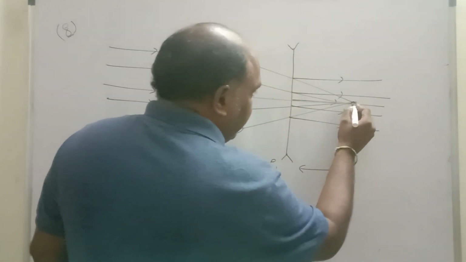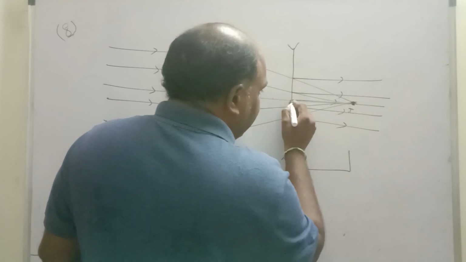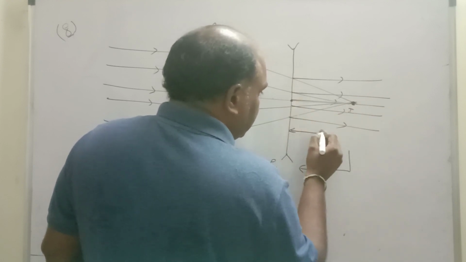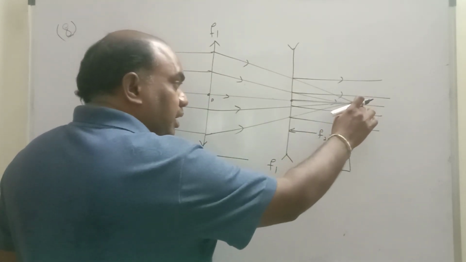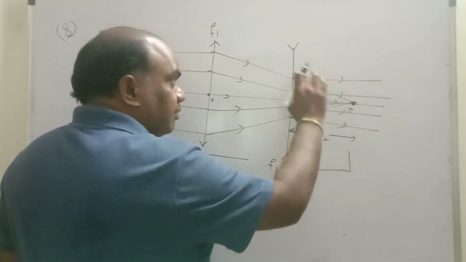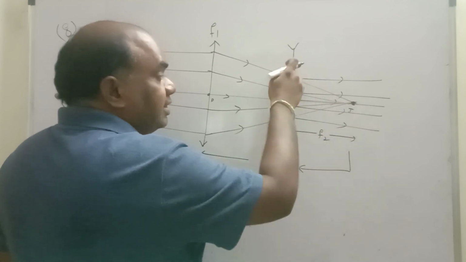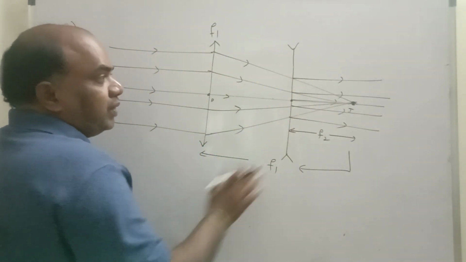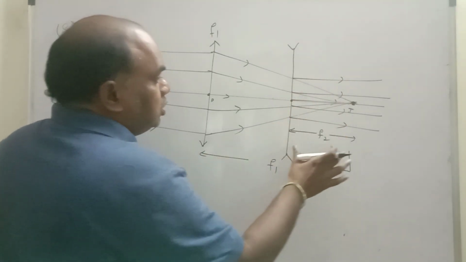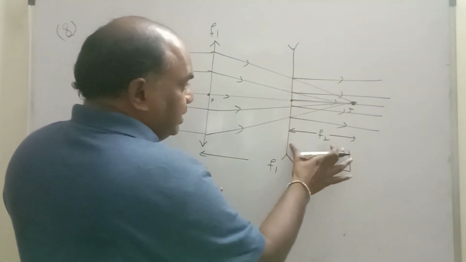Now the distance between this image and this lens is nothing but f2, the focal length. Why? Because if an object is placed at the focus of the concave lens, all incident rays falling on the lens diverge and move parallel to the principal axis. These are all refracted rays. So this total distance is f1, this distance is f2.